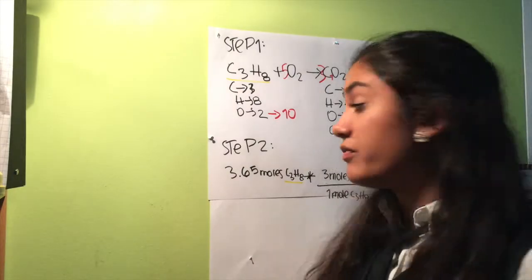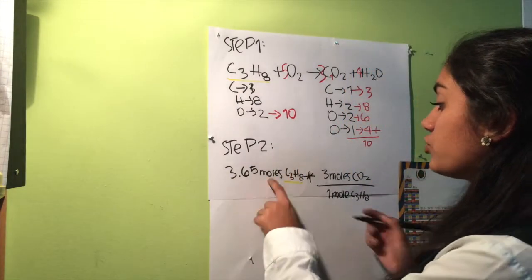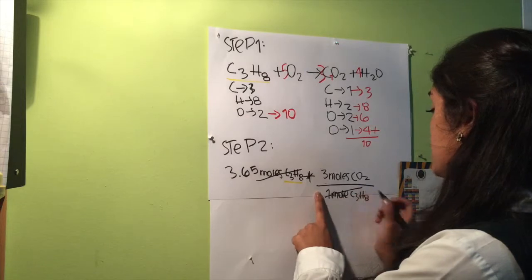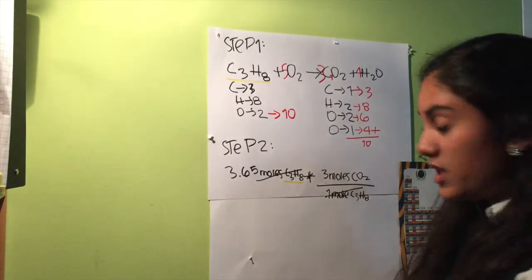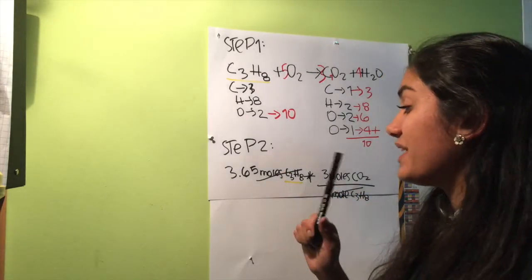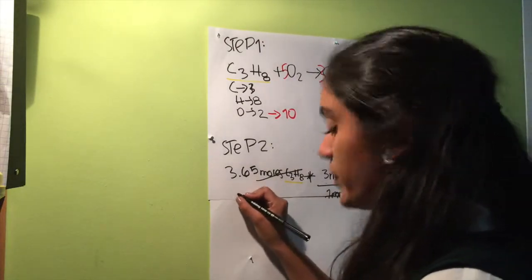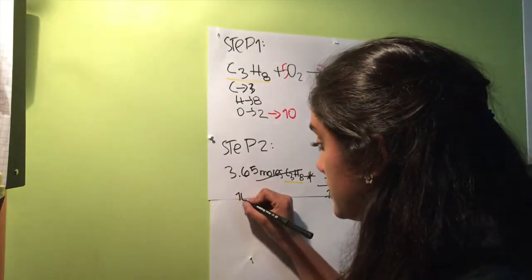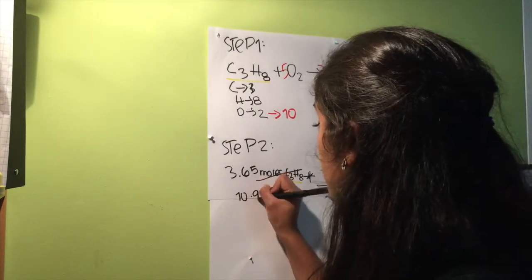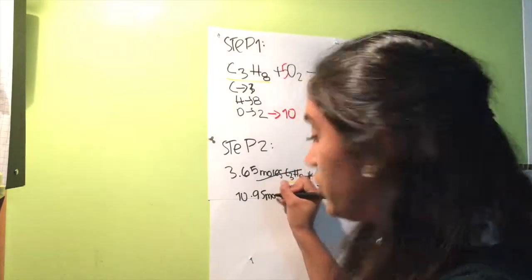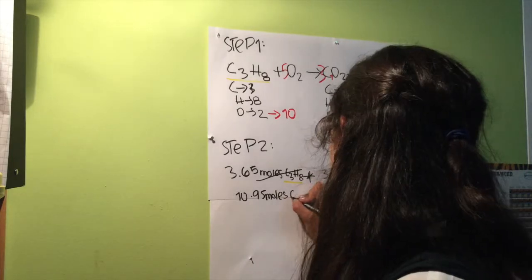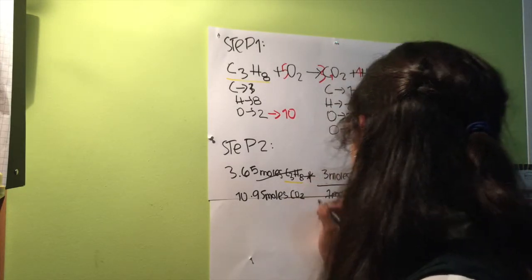Because what we're looking for here is to cross these two. Since they are the same, you can cross them. And you have to multiply this number by this number, and the answer is going to be 10.95 moles of carbon dioxide.